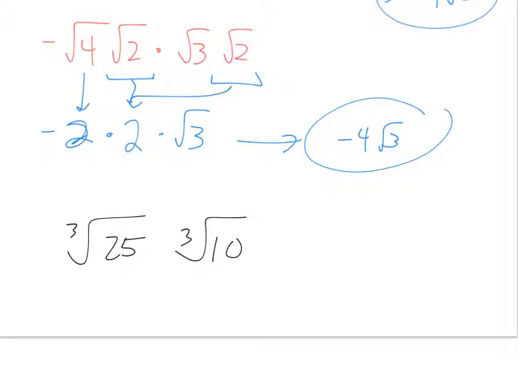1 cubed is 1. 2 cubed is 8. 3 cubed, 27. 4 cubed, 64. 5 cubed, 125. 6 cubed, 216. 7 cubed, 343.